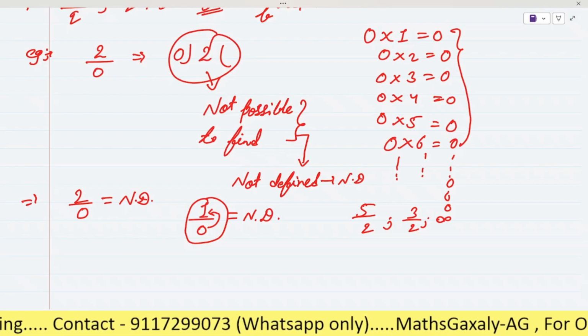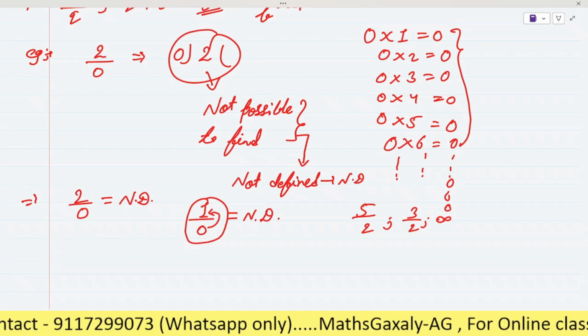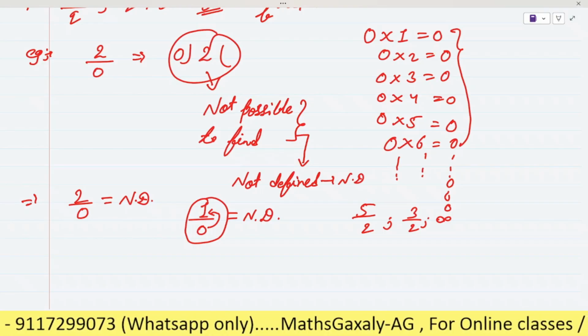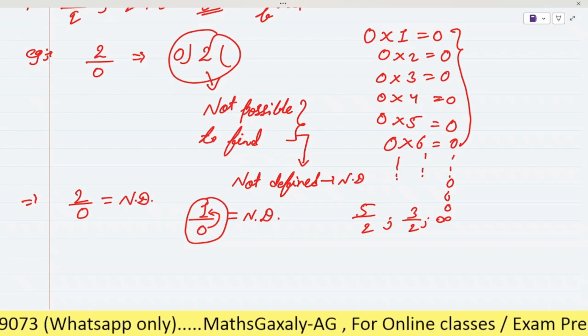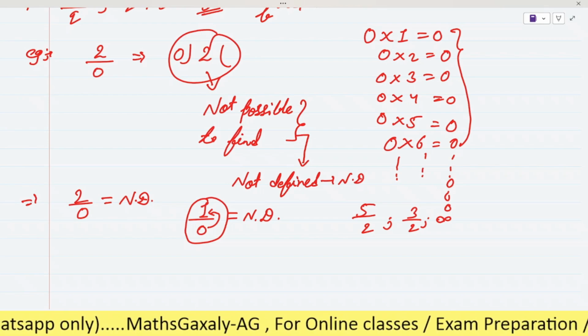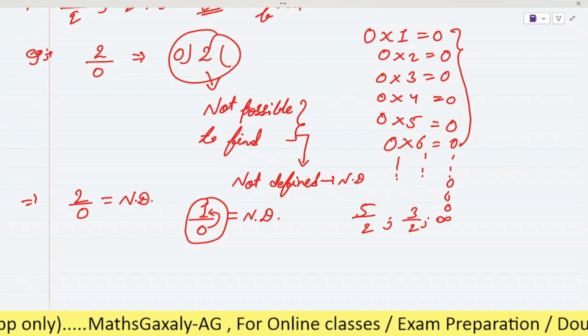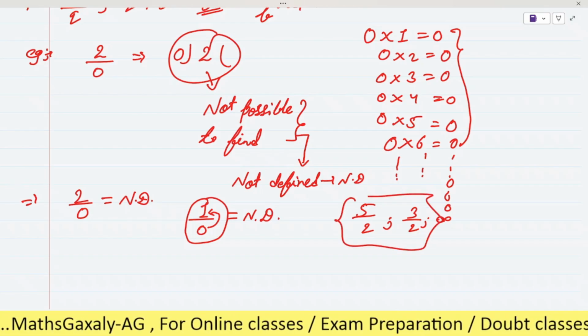So here 5 by 2, 3 by 2, these are improper fractions. Is it clear? Yes, sir. That is another topic.